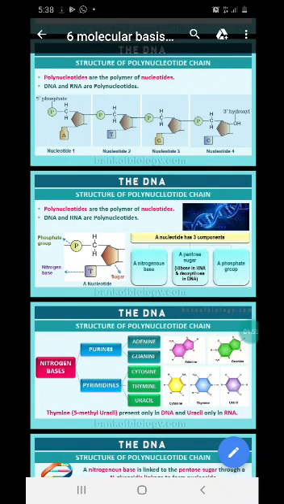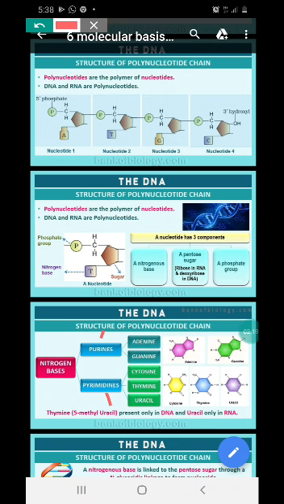So what is this nitrogenous base? There are two types of nitrogenous base in our cells, which are the purines and pyrimidines. Based on the difference in structures, they are differentiated as purines and pyrimidines.